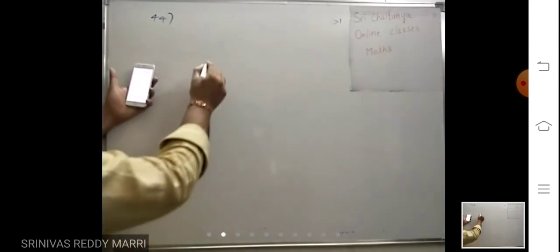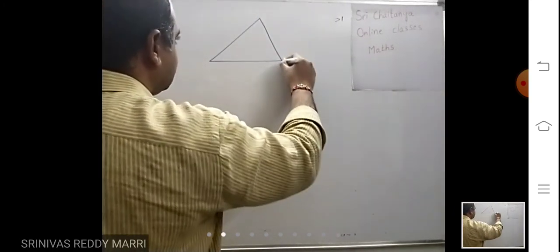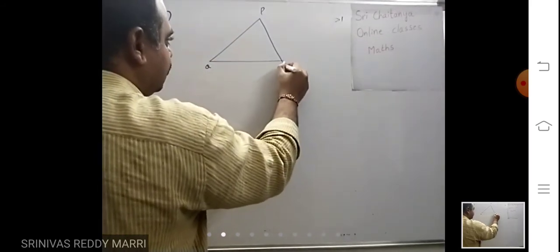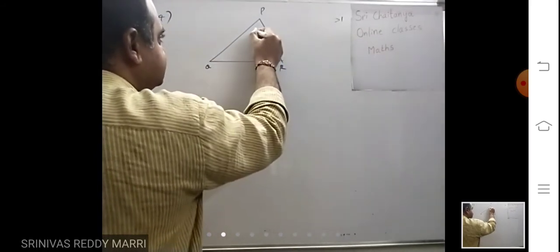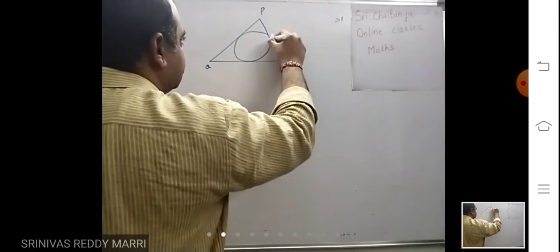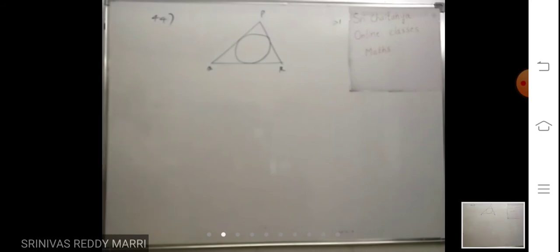In a triangle PQR, it is given that the incircle is this one, a circle which touches all the sides. Given that P is the largest angle and cos P is given.